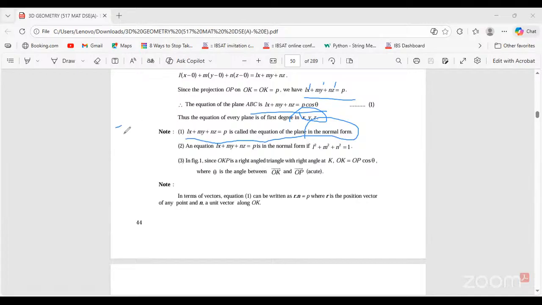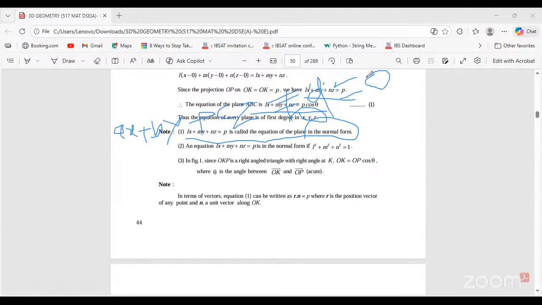In general form, in place of L, we have ax plus by plus cz equals to d. In general form it is equal to 0, but in normal form it is equals to p. This is the main difference.